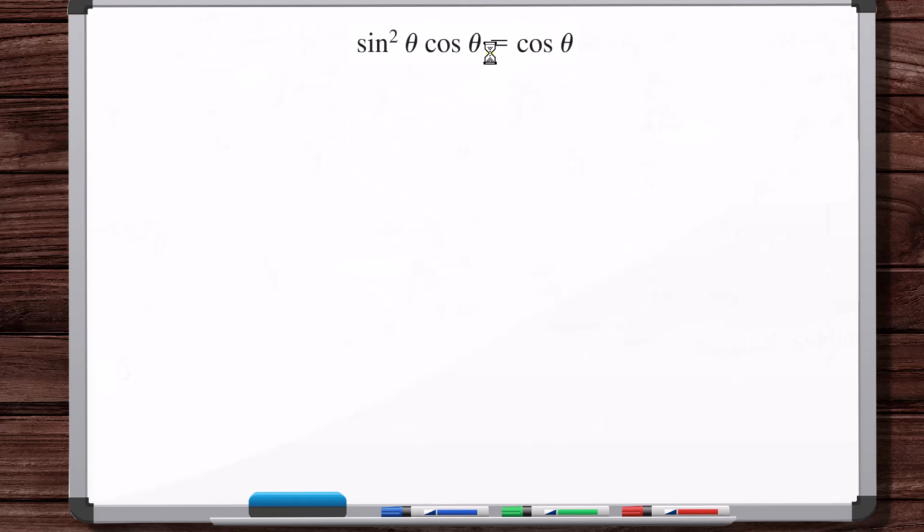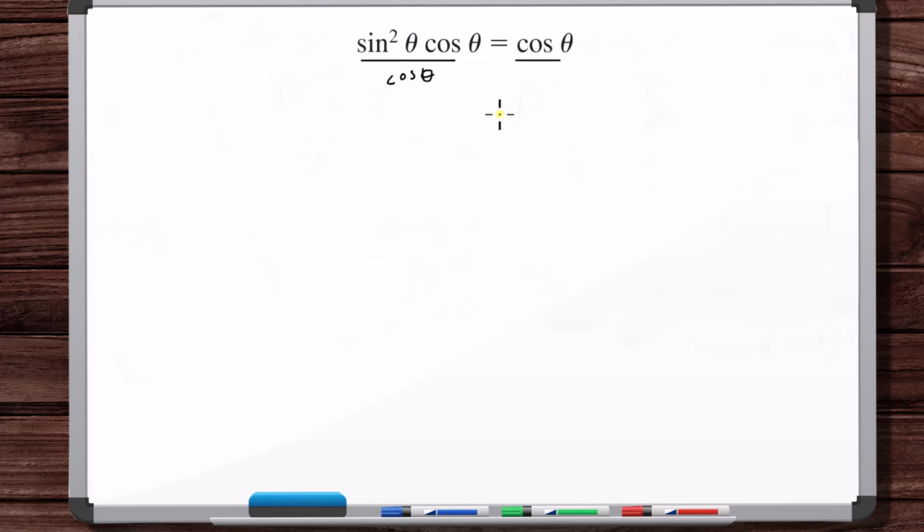Okay. Here's another one where you've got mixed trig functions. And so you might say, well, just divide both sides by cosine theta. But again, you want to think about the parallels to algebraic equations.